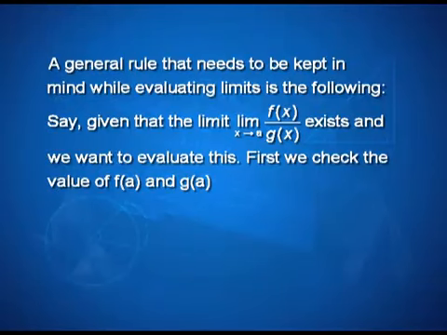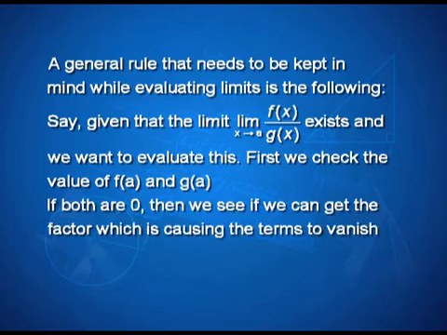A general rule that needs to be kept in mind while evaluating limits is the following. Say, given that the limit f of x upon g of x as x tends to a exists and we want to evaluate this. First, we check the value of f of a and g of a.